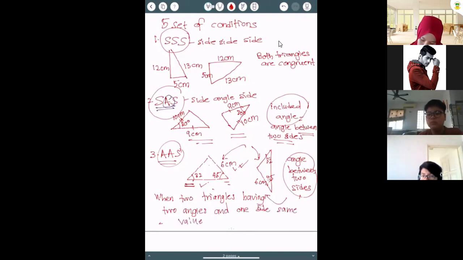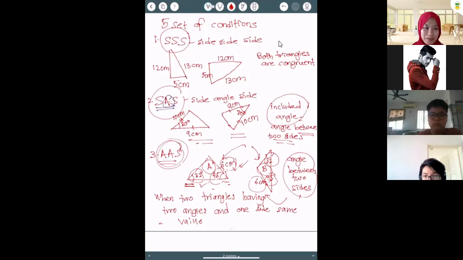Can you see triangle A and triangle B here? They have 32 degrees and 32 degrees. They have 45 degrees and 45 degrees. And they also have 6 cm and 6 cm. Understand? Then you can tell that triangle A and triangle B are congruent. AAS.